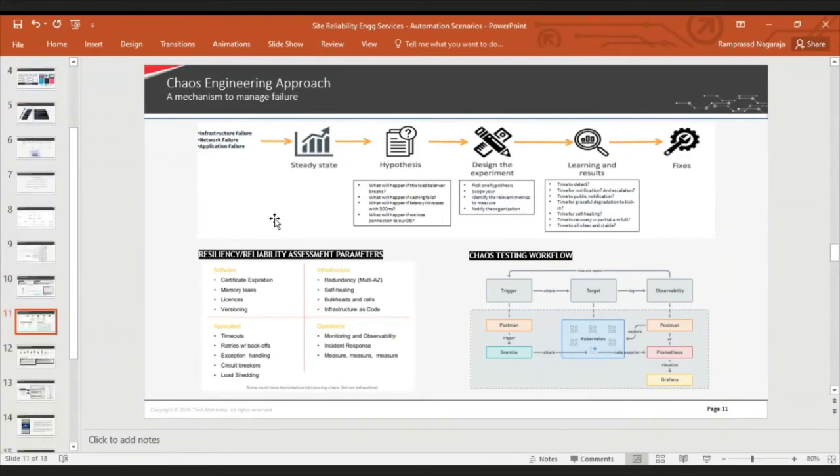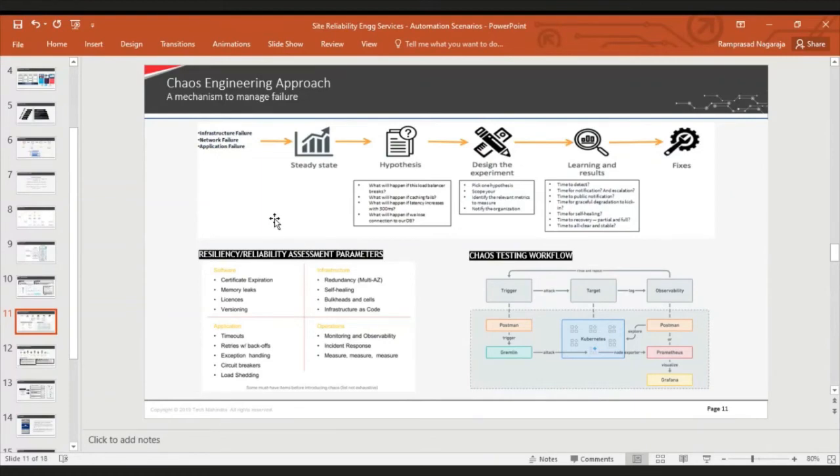So typically you will define the different aspects of failures that you can anticipate, and you can create your experiments and enable these chaos engineering pipelines in your systems so that you are able to test that entire workflow and do the assessment on these various parameters to ensure that your system is resilient, which is the end goal from an SRE standpoint, to ensure these capabilities are met to the maximum so that your SLAs to your customer are at their peak.